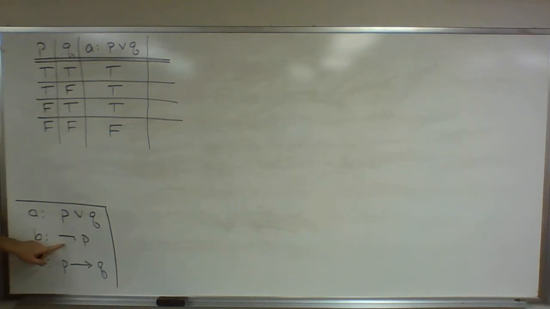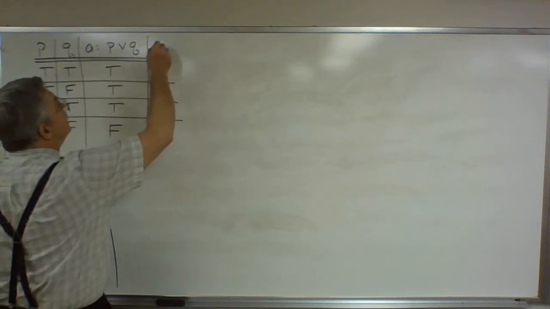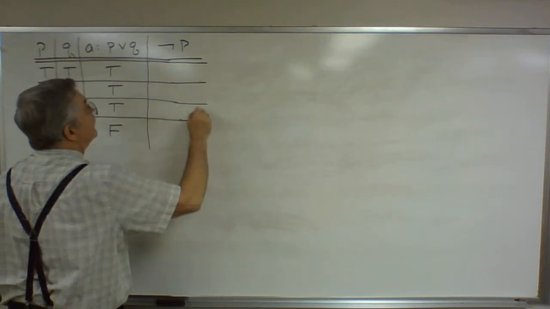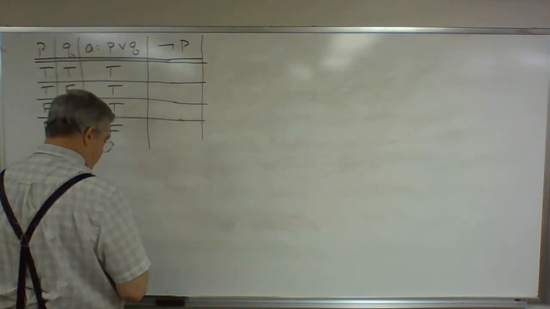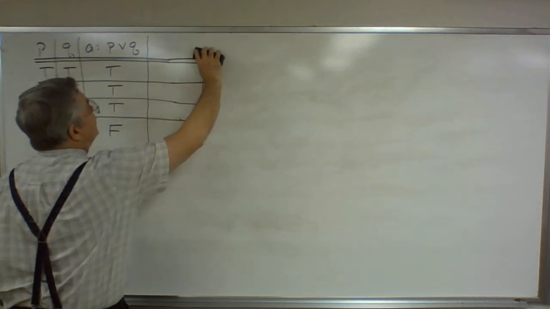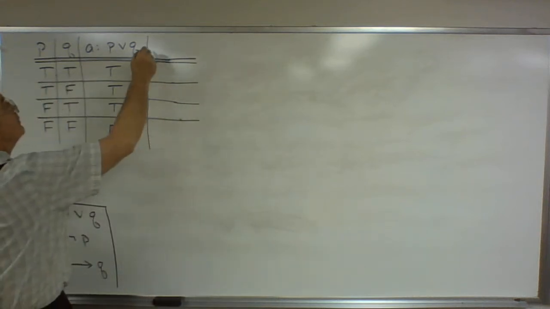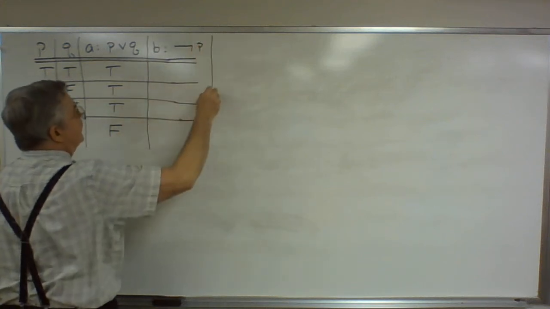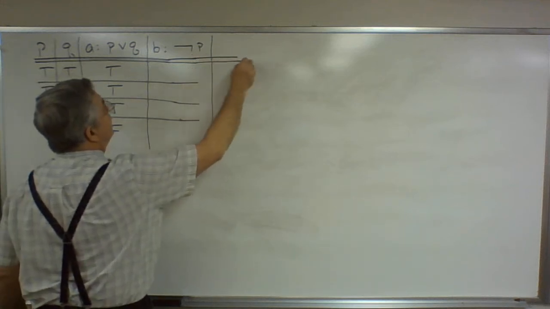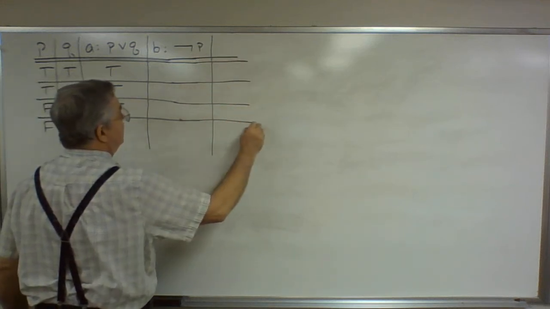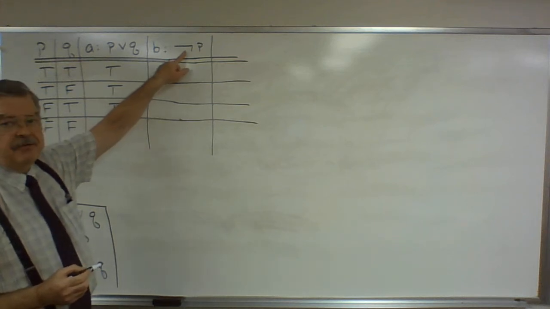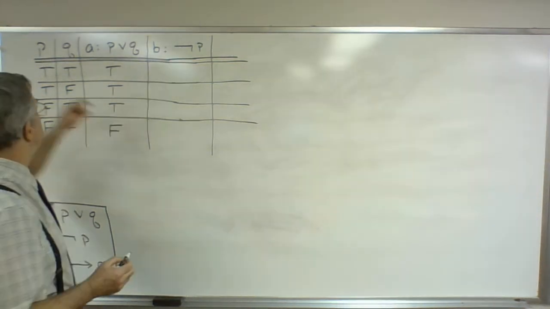Now, the next statement, the negation of P. Let me write down B here, negation of P. All this does is change the truth value of P from true to false.